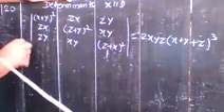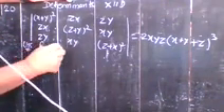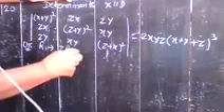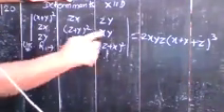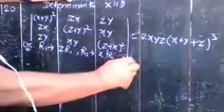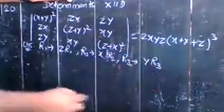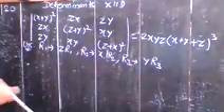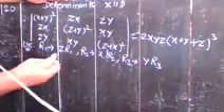Write it: r1 is replaced by zr1, r2 is replaced by xr2, and r3 is replaced by yr3. If you multiply this, you have to divide it also to balance it.